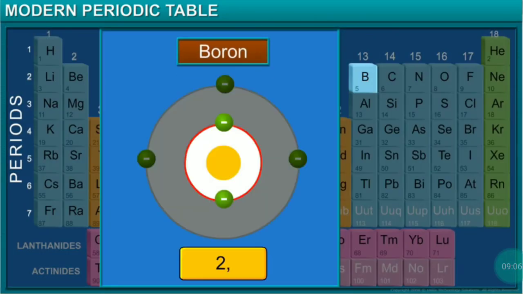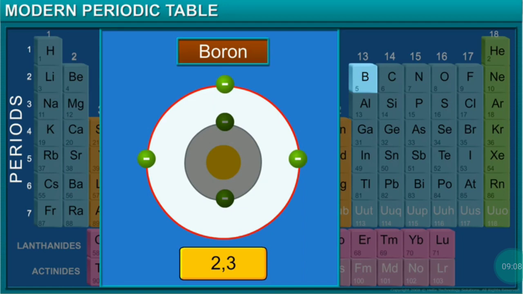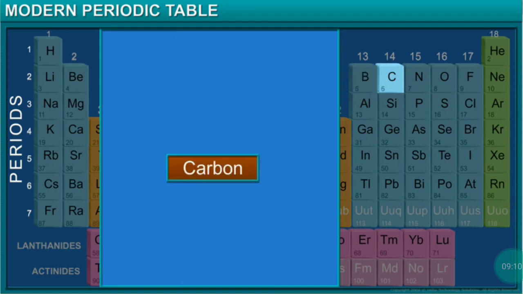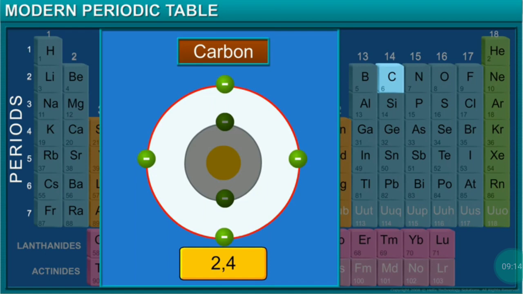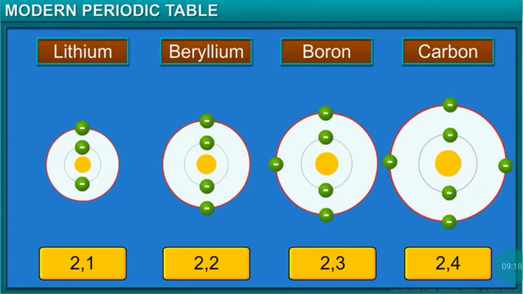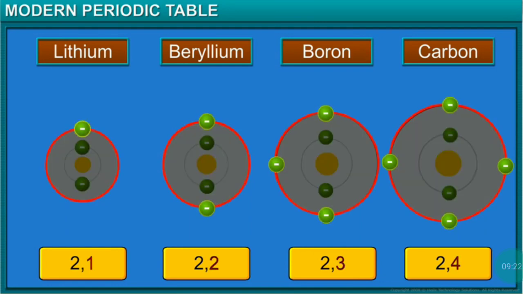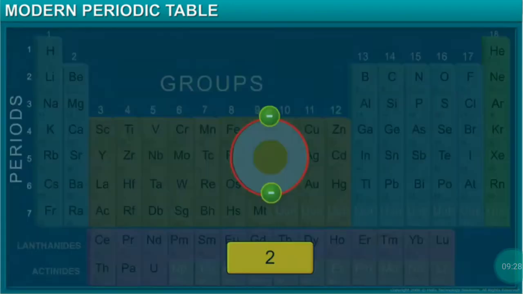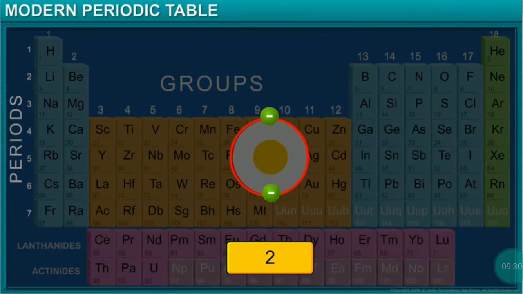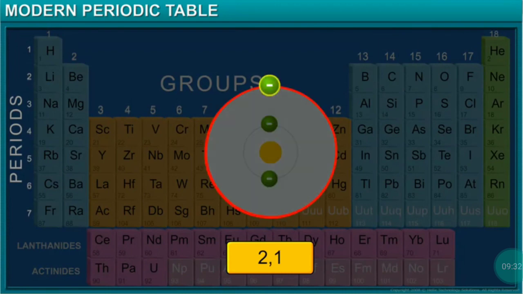Boron 2,3. Carbon 2,4. And so on. The elements do not have the same number of valence electrons, but they have the same number of shells. The number of valence electrons increases from 1 to 8 in a period.